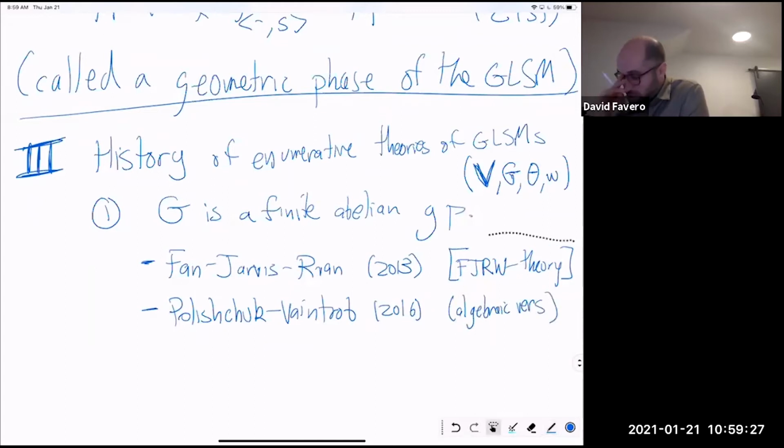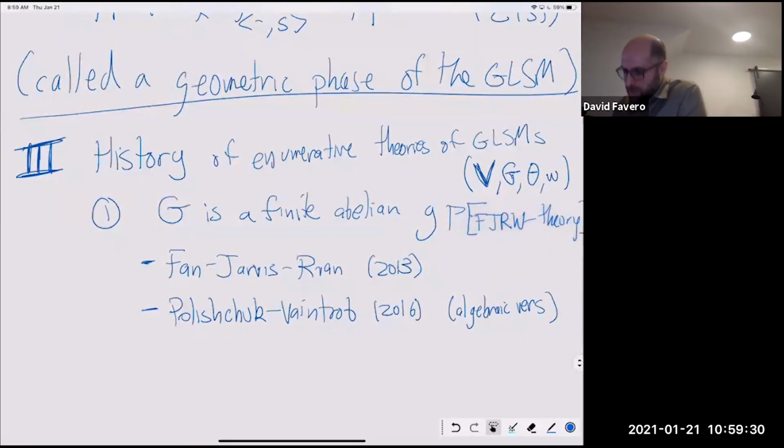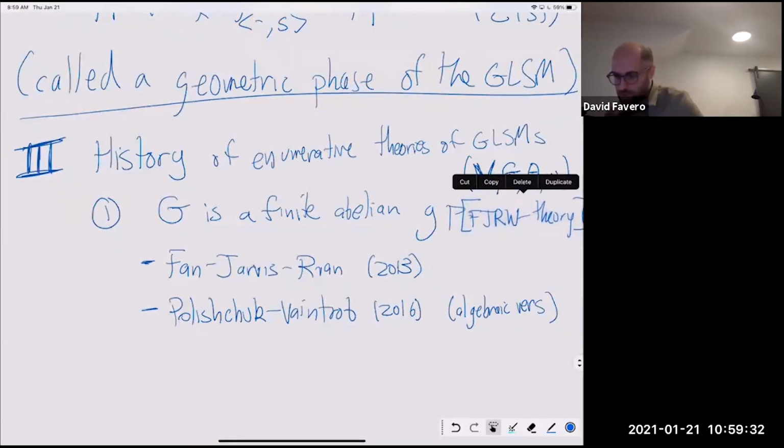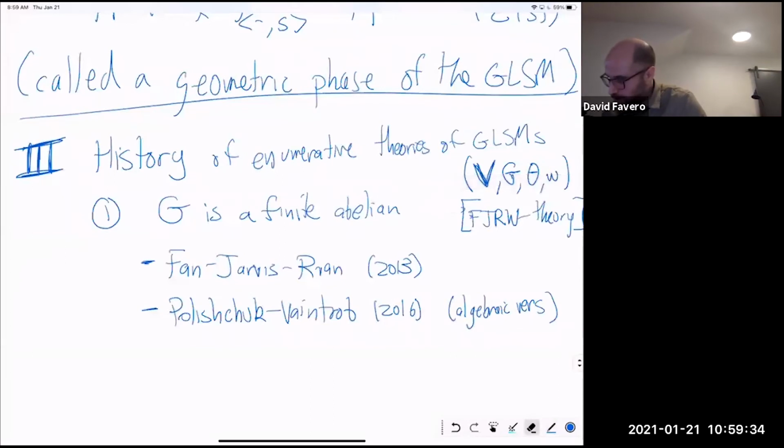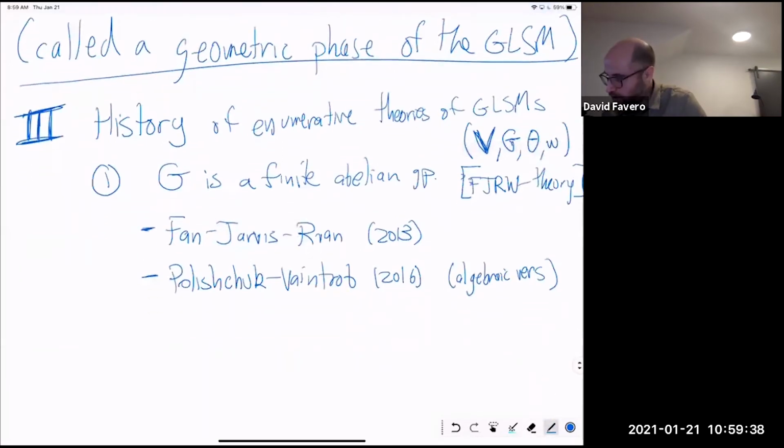There's some different versions. So originally Fan, Jarvis, and Ruan, then an algebraic version, and there was mostly topological and they prove it forms a CohFT, cohomological field theory.